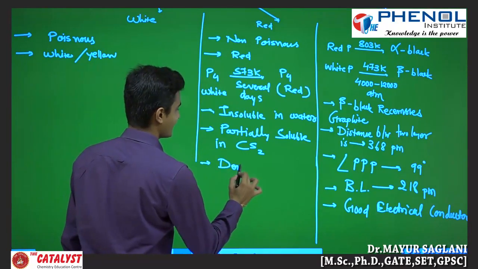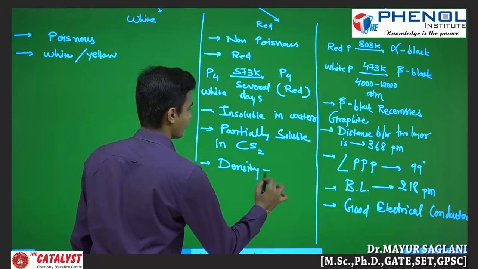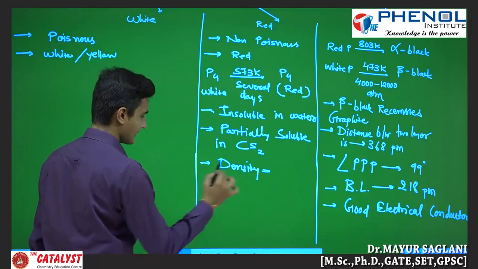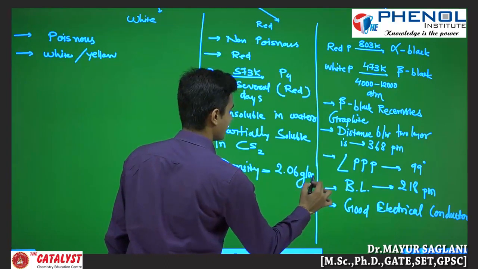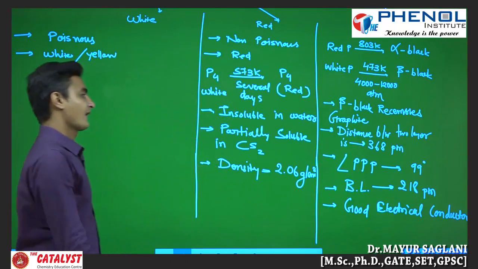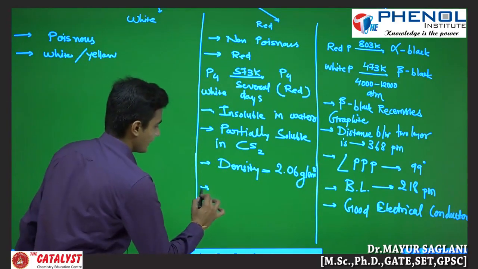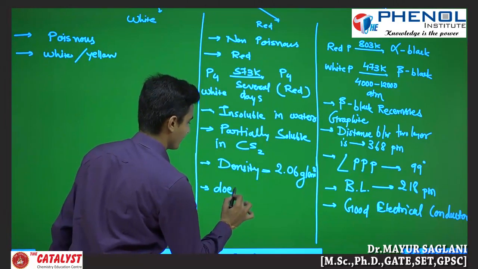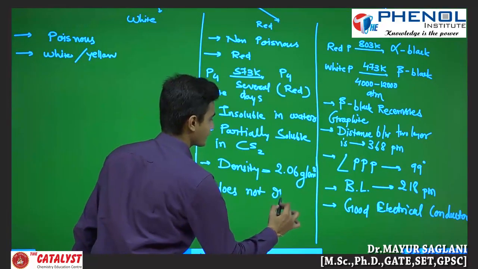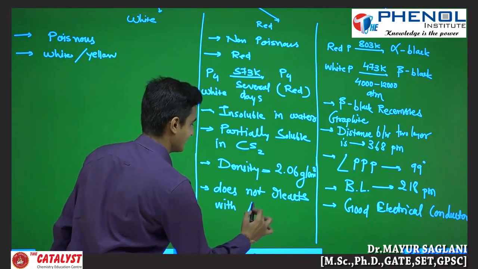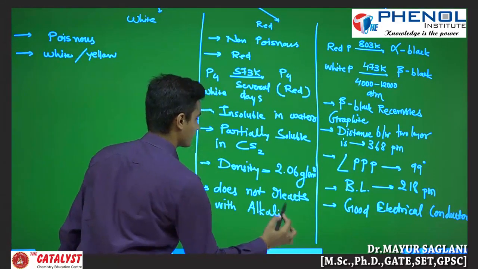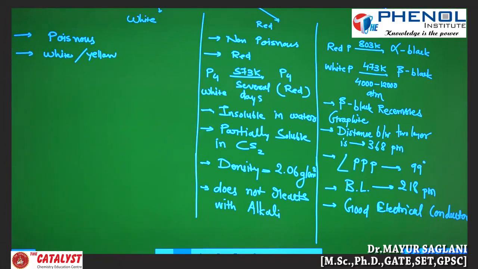If we want to write density, then density of the red phosphorus is 2.06 gram per centimeter cube. Fine. And one another thing, it does not react with alkali.